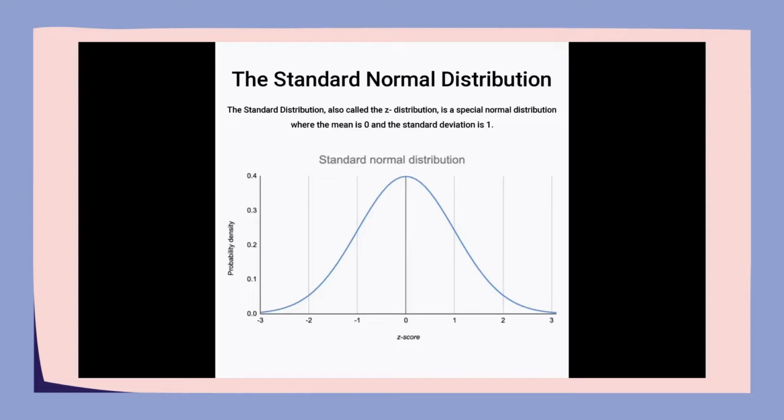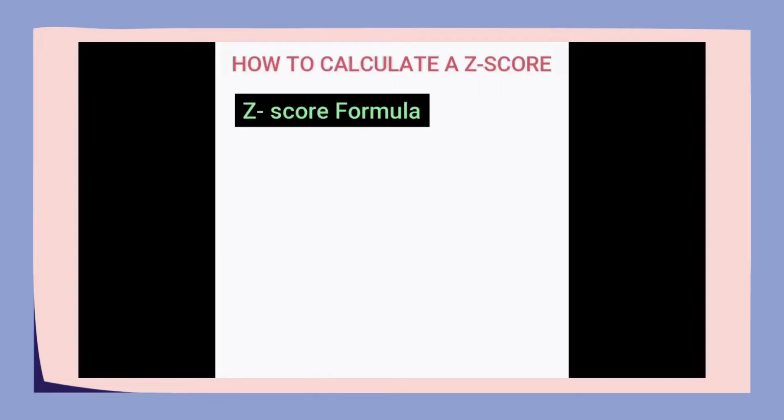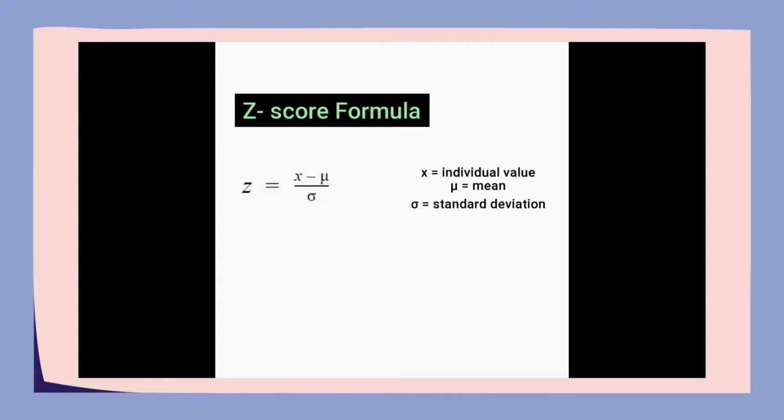Converting a normal distribution into a Z distribution allows you to calculate the probability of certain values occurring and to compare different datasets. How to calculate a Z-score? To standardize a value from a normal distribution, convert the individual value into a Z-score.